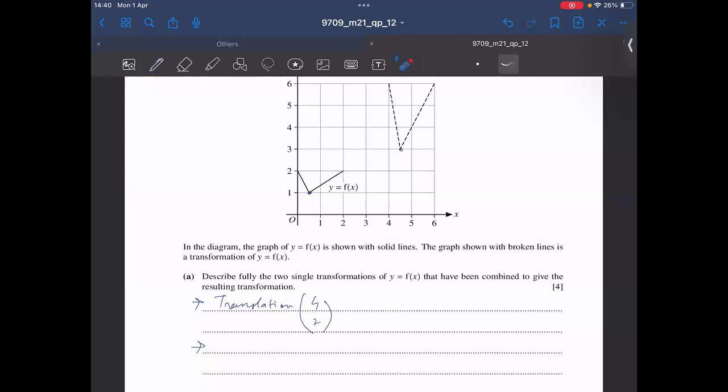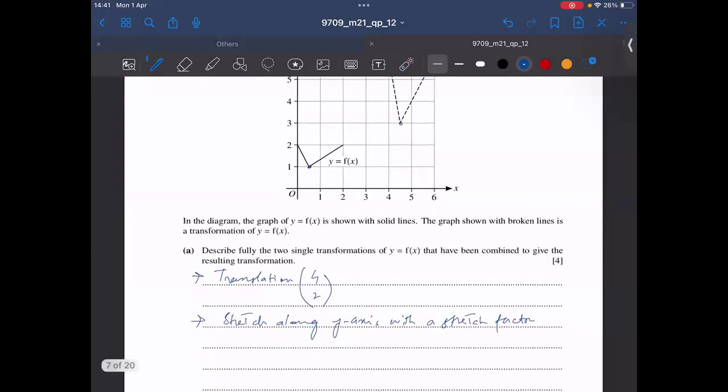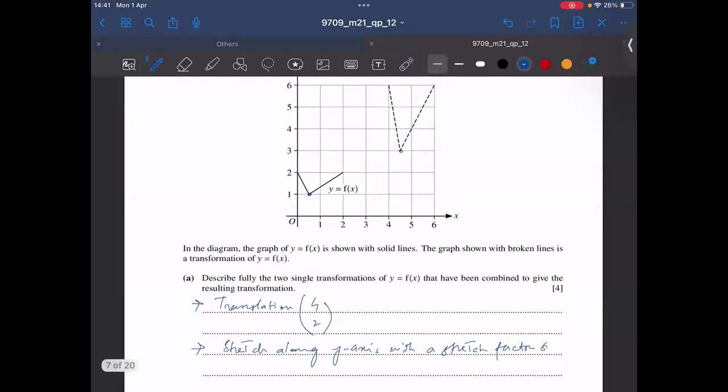No, it's going to be 2 now. First of all, it's going to be stretch along y-axis. The stretch factor of stretch along y-axis with a stretch factor of 2. Yes, 2. It will be 2 because no, it's going to be 3.